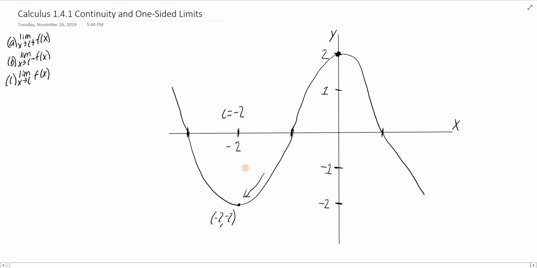So we'll be looking at, let's say, negative 1 to negative 1.5 to negative 1.75, all the way closer and closer to negative 2. But thankfully, this function is continuous. And so that means that we can just use the function's value here of (negative 2, negative 2) to evaluate that the limit as x goes to c from the right of f of x is just going to be negative 2.